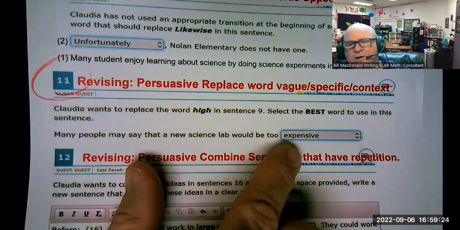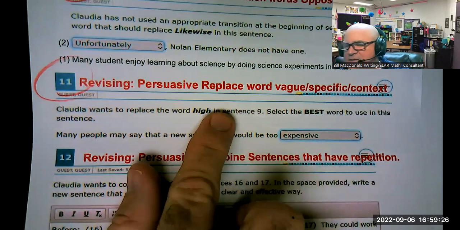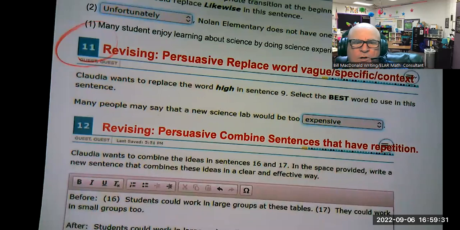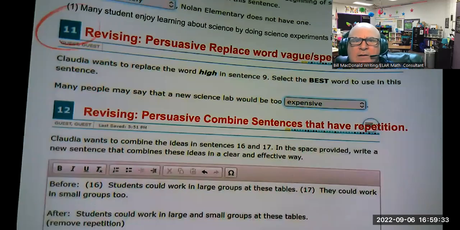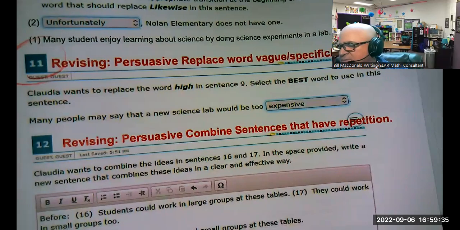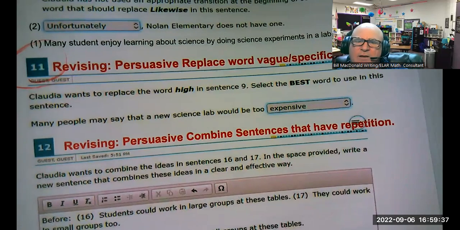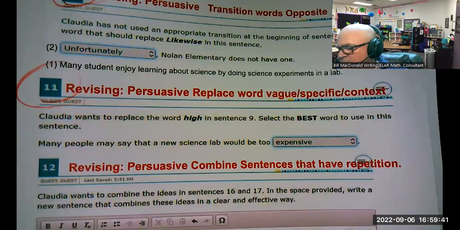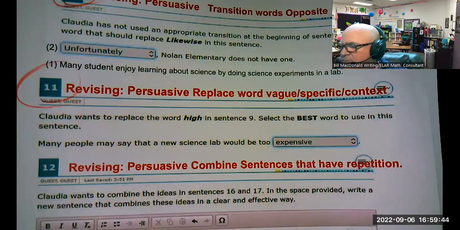And so we have to be careful how we see it in context, because high would typically mean a measurement of how far something is up in the air, off the ground, off a table, etc.